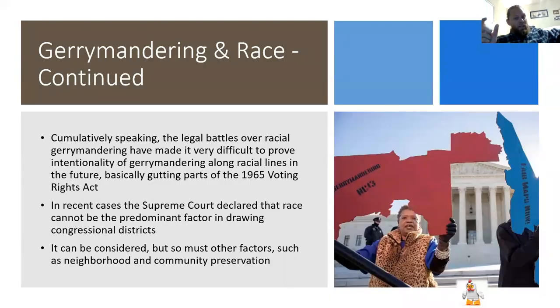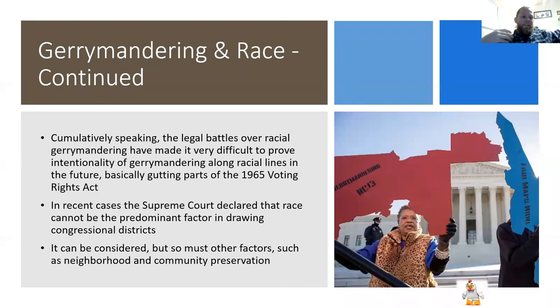So cumulatively speaking, the legal battles over racial gerrymandering have made it very difficult to prove intentionality of gerrymandering along racial lines. Which has basically gutted parts of the 1965 Voting Rights Act, which I feel like I have discussed briefly with you guys in the past.